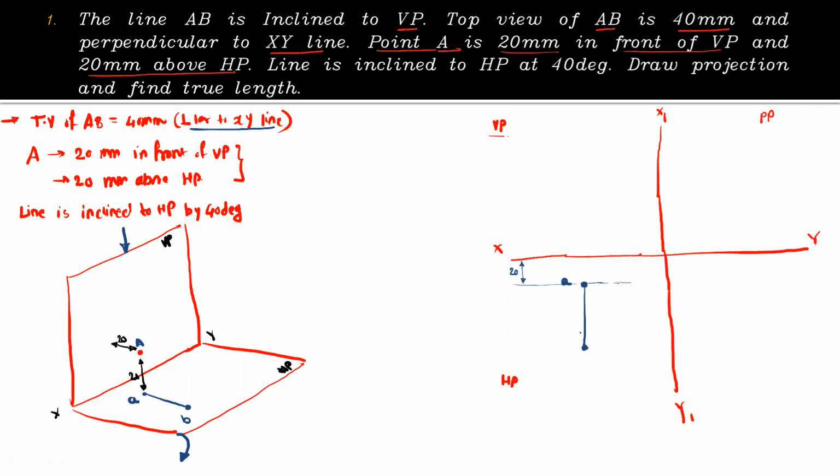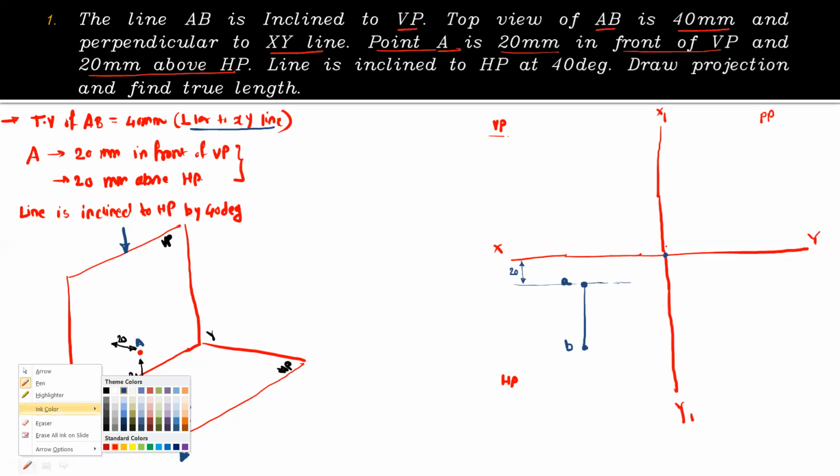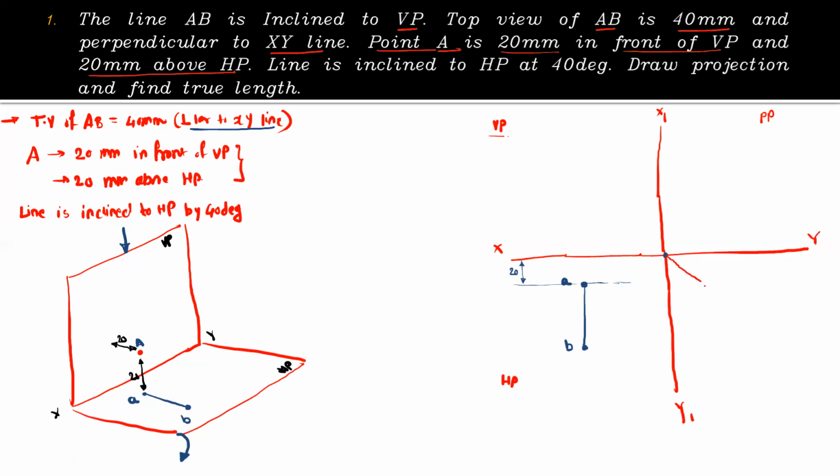Now from the top view, you can draw the side view and the front view. So how to draw side view and the front view? For that, from this point, draw one 45-degree line. Now draw the projector from the top view on that 45-degree line.